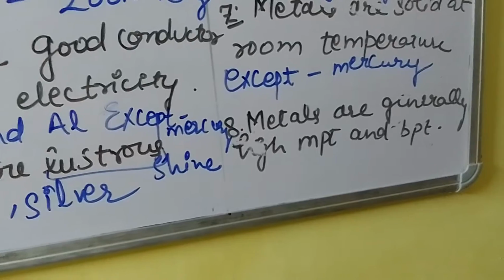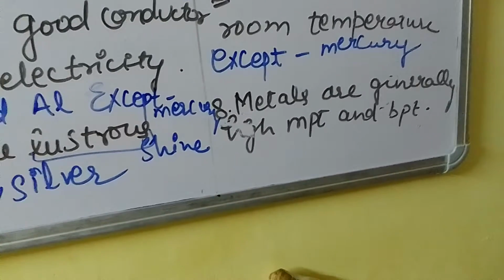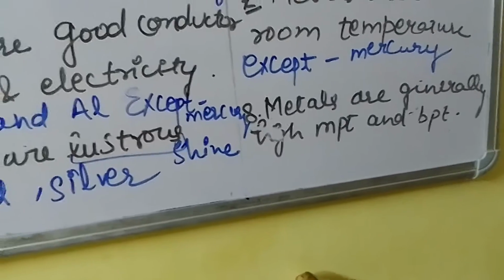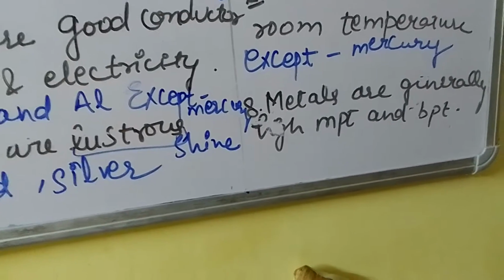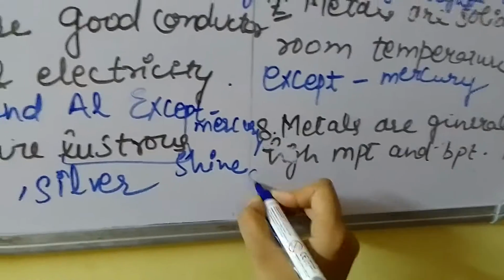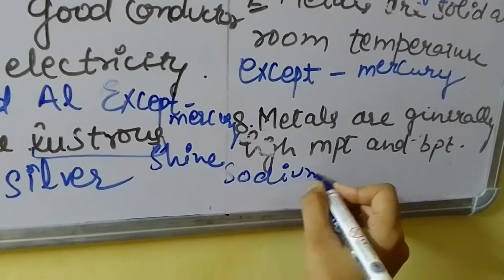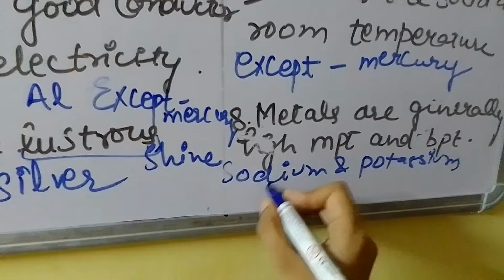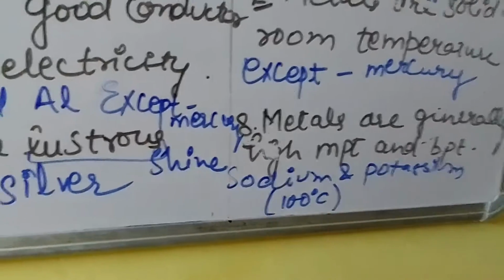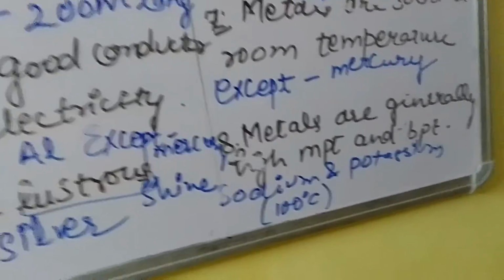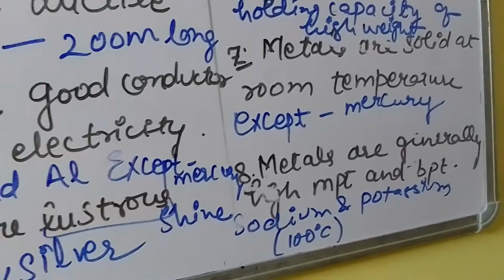Iron has a high melting point, which is 1535 degrees Celsius, and copper also has a high melting point, which is 1083 degrees Celsius. But potassium and sodium have a melting point of less than 100 degrees Celsius.